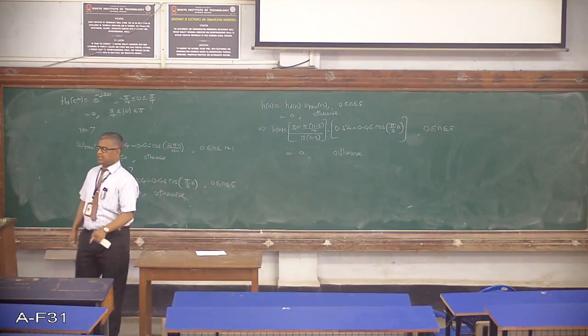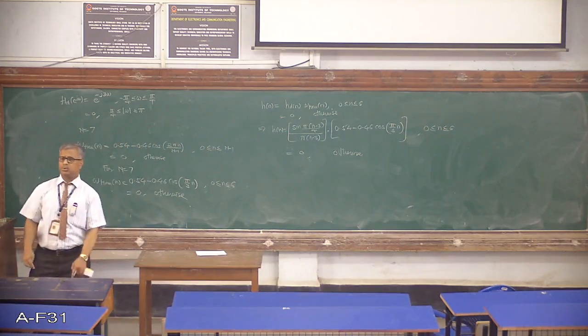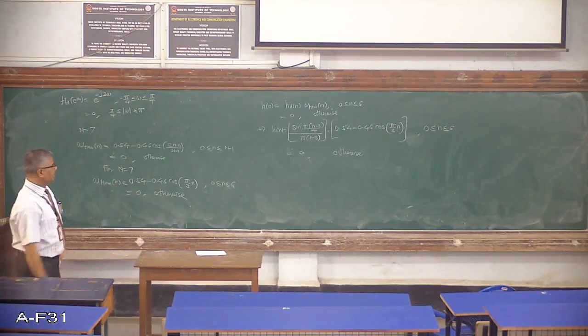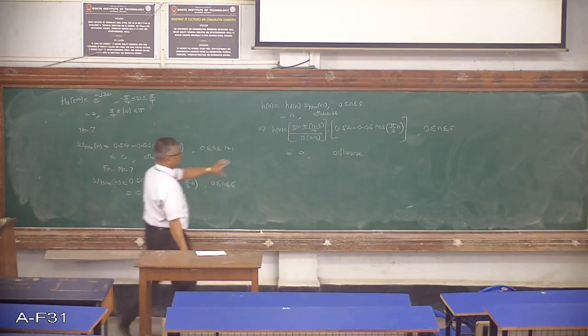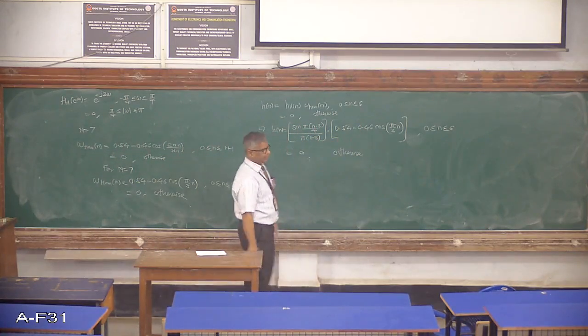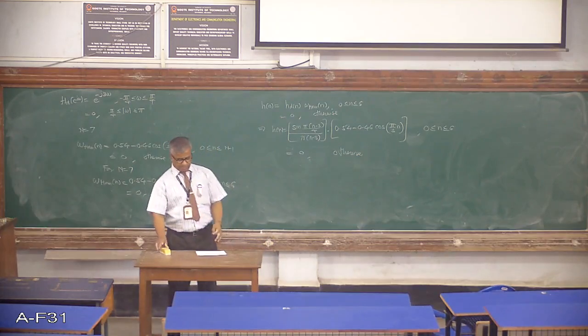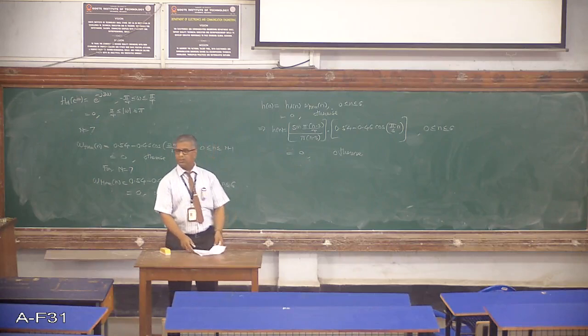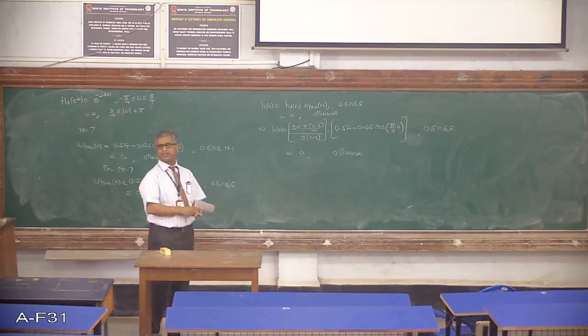So this is the task now. Start with n is equal to 0, n is equal to 1, n is equal to 2. N is equal to 3 we already know: we know the value of this part, which is 1 by 4. Only you need to find out this value. I think that calculation part you can do. I will just give the values, you verify whether your answers are correct or not.